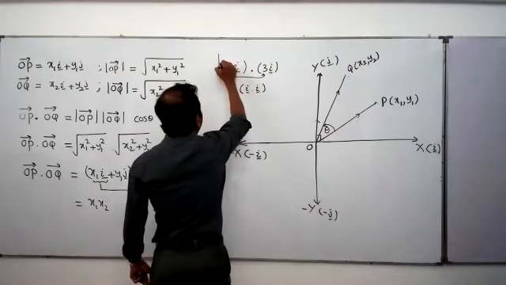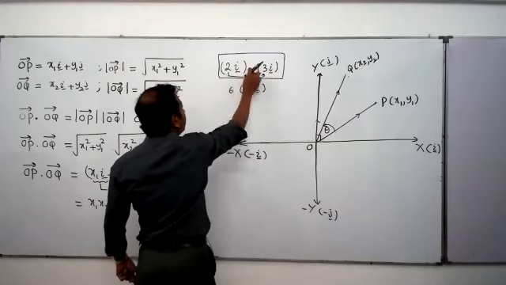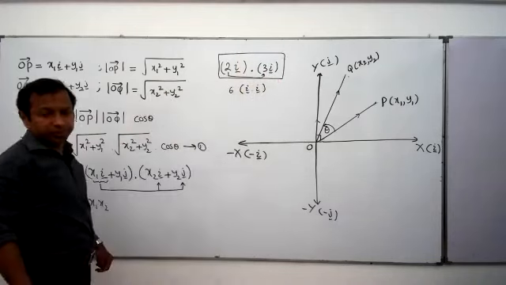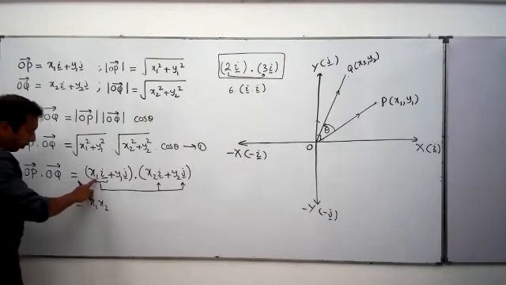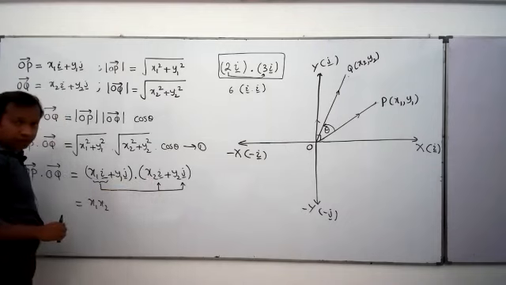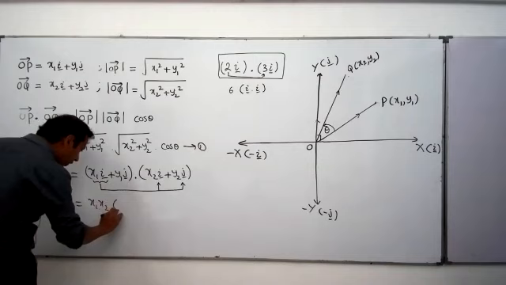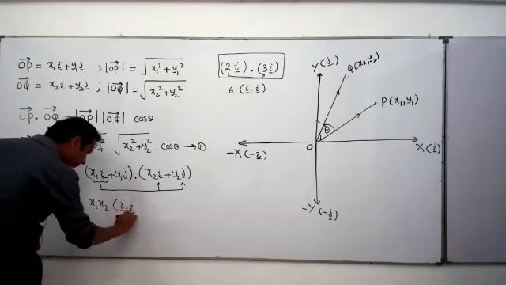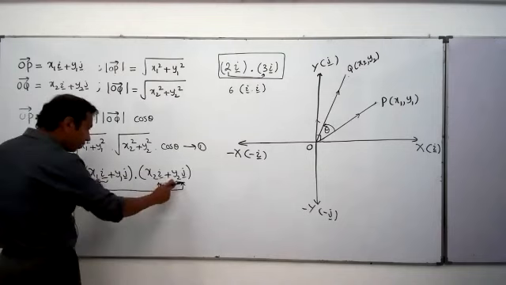This is how we take the dot product of two vectors having i or j with real numbers. Understood? So now here x1 and x2 we multiply and i dot i we have, so we write i dot i.